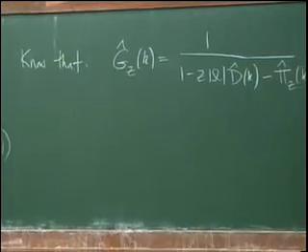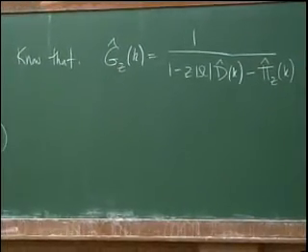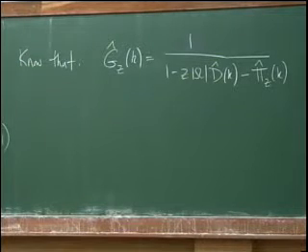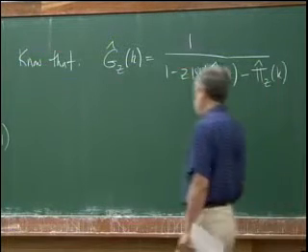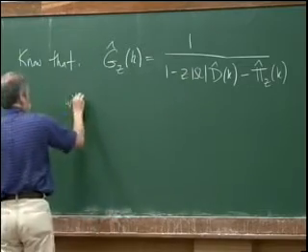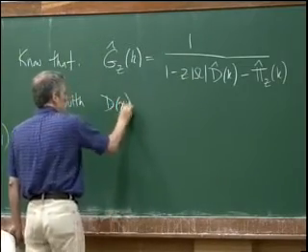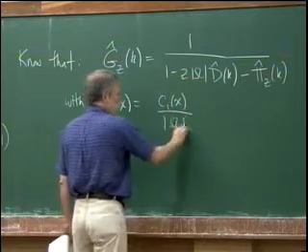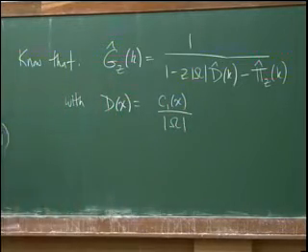So d hat of k is the Fourier transform of the one-step distribution for the underlying random walk model. For example, d(x) you can think about as c_1(x) divided by the cardinality. It's just the probability that an ordinary random walk would step from the origin to x in a single step.